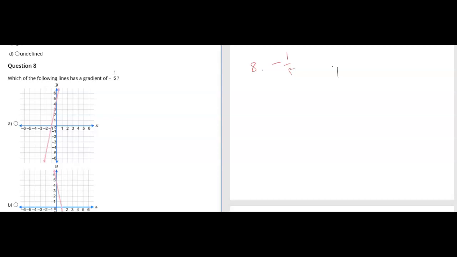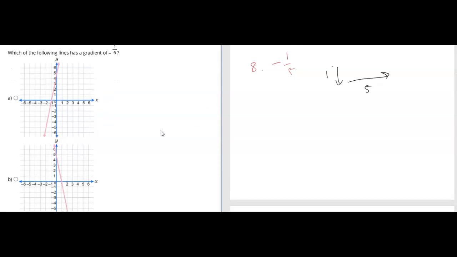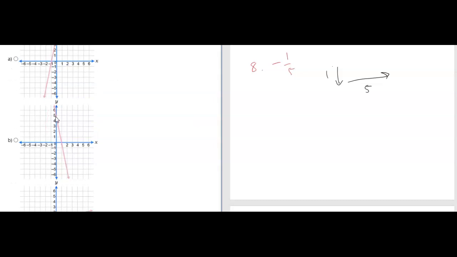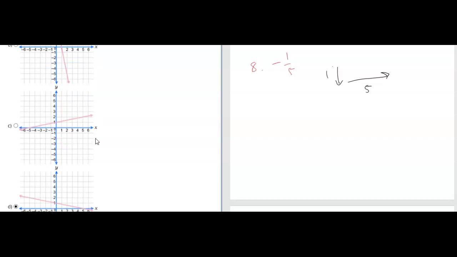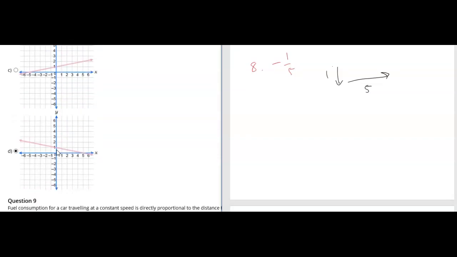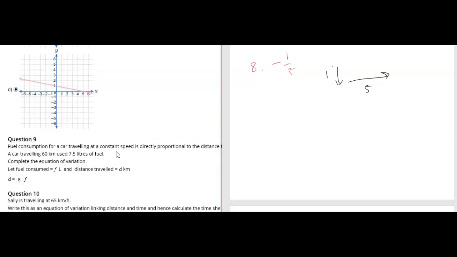If it's going down, we're going down 1 across 5. Okay, so we've got to find the gradient that goes down 1 across 5. Now B goes down 5 across 1, so it's kind of like the opposite. D, we can see it goes down 1 and across 5, so your answer is D.